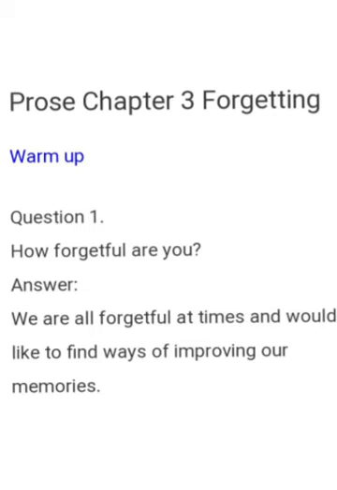So now let me move on to the warm up. Take your page 66, Forgetting. Go for reading the warm up. How forgetful are you? You can put this question to yourself and think about how forgetful you are. We are all forgetful at times and would like to find ways of improving our memories.